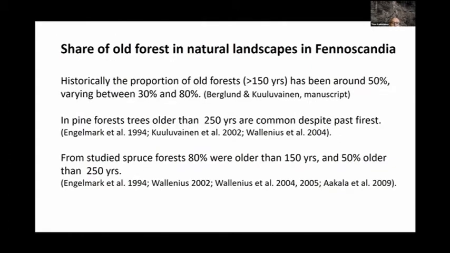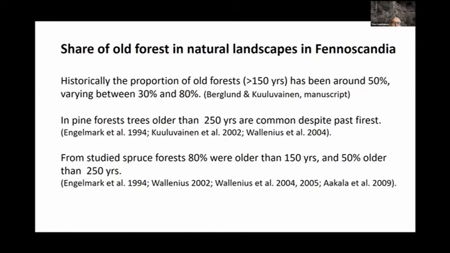So the general outcome from our analysis is that old growth is a dominant feature in most studied natural landscapes.